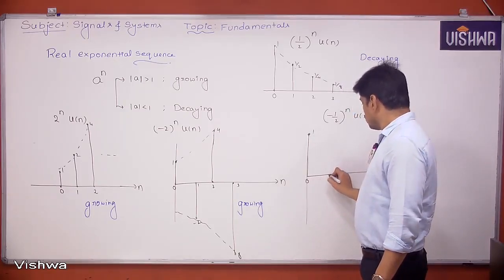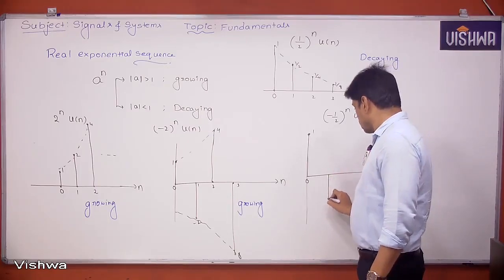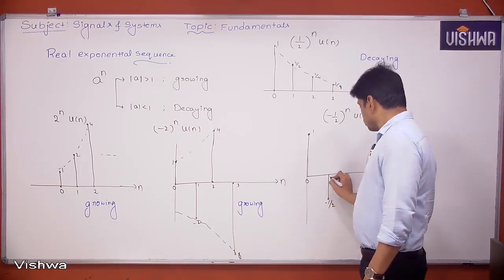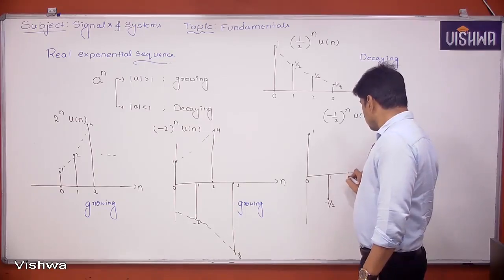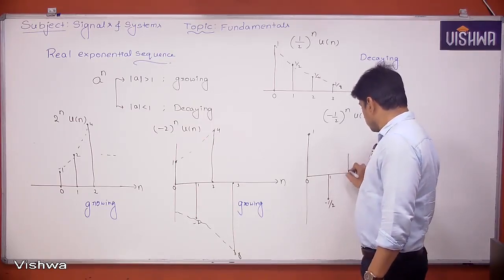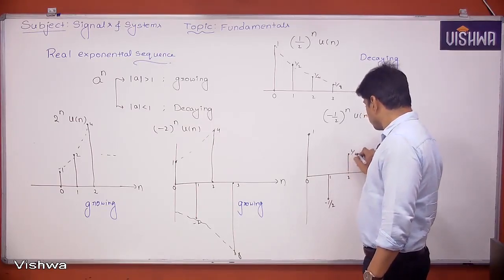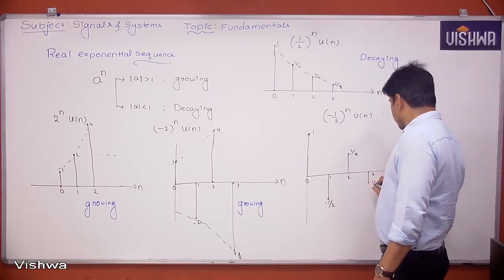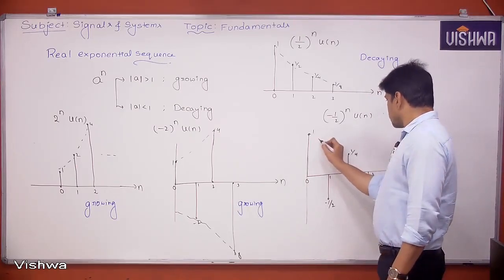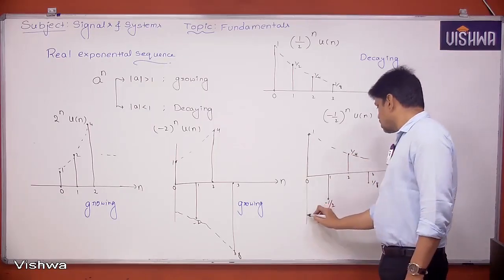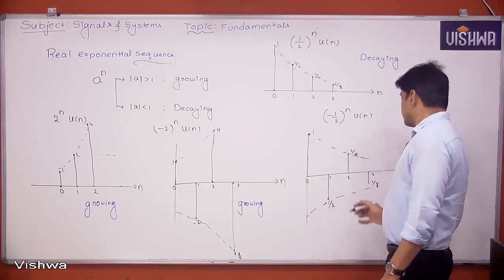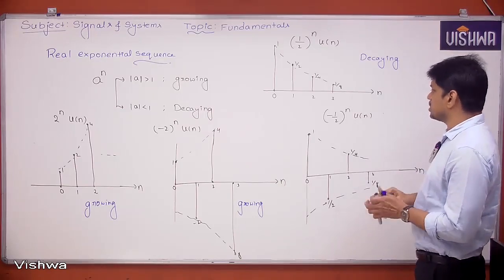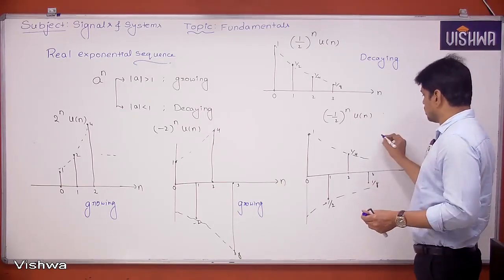At n is equal to 1, it is minus 1 by 2. At n is equal to 2, it is 1 by 4. At n is equal to 3, 1 by 8. So if you observe carefully, it is also a decaying exponential, only the change is that it has alternate positive and negative signs. Still we can call it a decaying exponential.